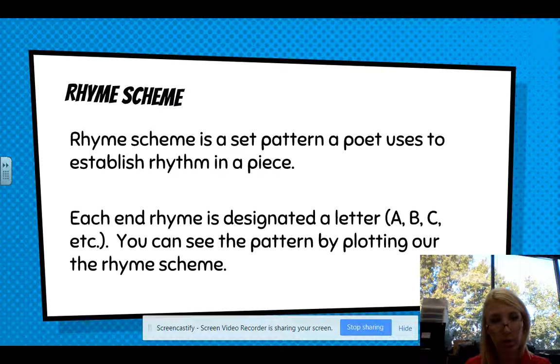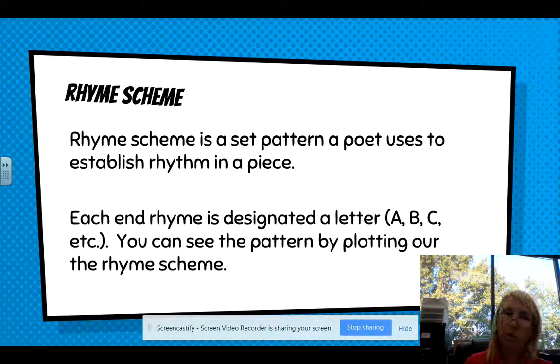It's a set pattern that a poet uses to establish rhythm in a piece. Some forms of poems have a very specific rhyme scheme, like the sonnet. The sonnet has a very distinct pattern. There's 2 different kinds, and you are filling that pattern as you write that. The villanelle, which we'll do in creative writing too if you take that, has a repetition scheme and a rhyme scheme with it.